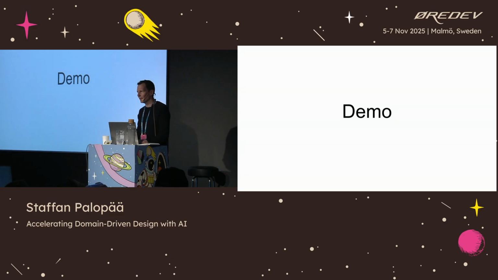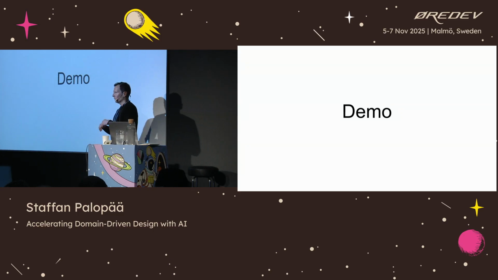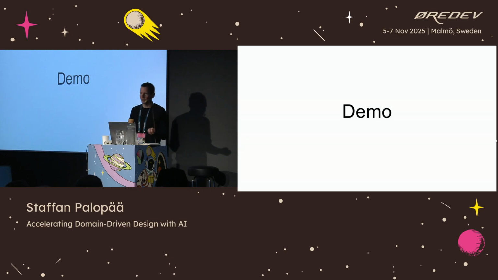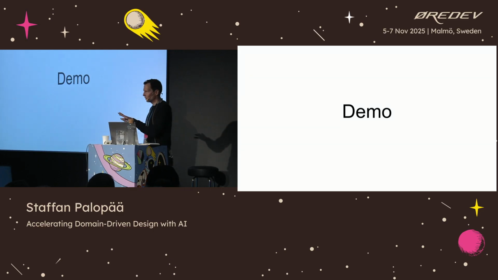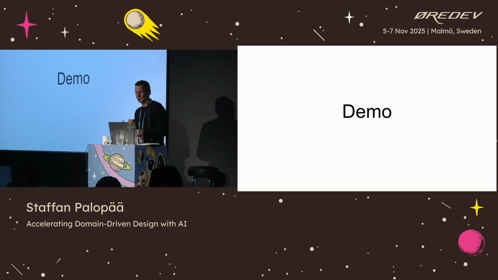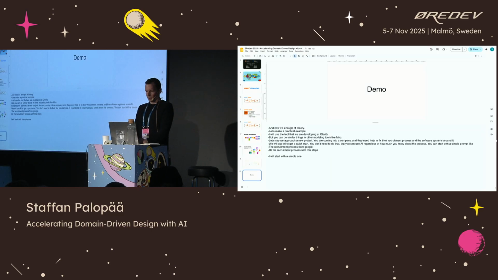You don't need to use AI, but you can. You can save a lot of time by using AI, both if you have no idea what this process is, if it's a completely new green field where we don't have any recruitment process, or if you already have the steps very well lined up, you can still use AI. So let's see if I can show you an example.